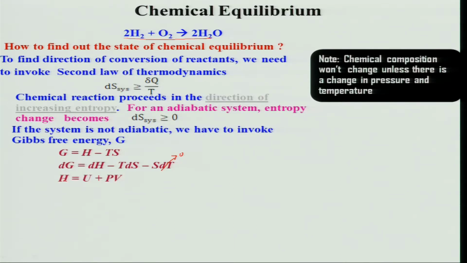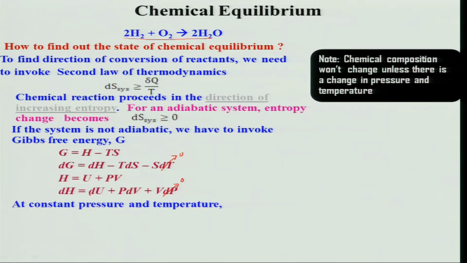Then by definition H is equal to U plus PV, and if I differentiate this expression, I will get dH is equal to dU plus P dV plus V dP. Keep in mind that we are assuming that pressure during equilibrium is not changing, so this is basically 0.